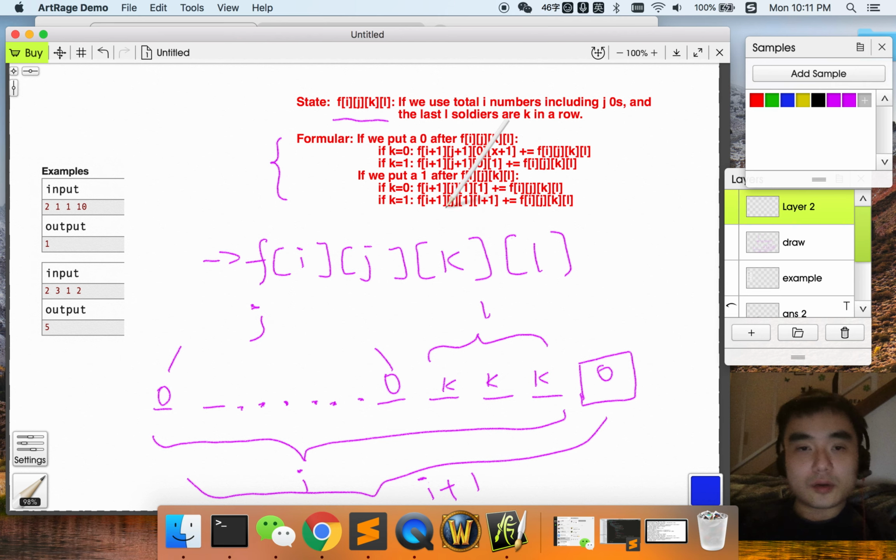And what if k equals 1? That means we got L 1s at the end of the array, right? Then the state's first dimension changes to i plus 1, right?